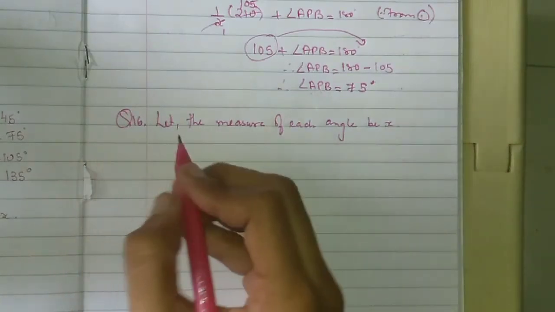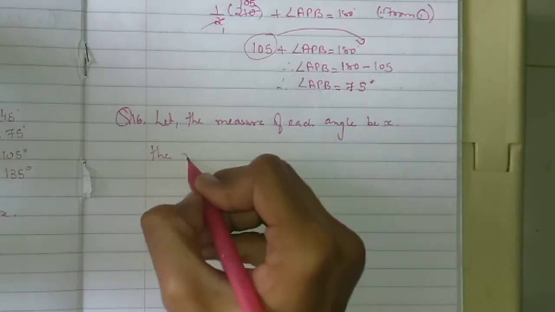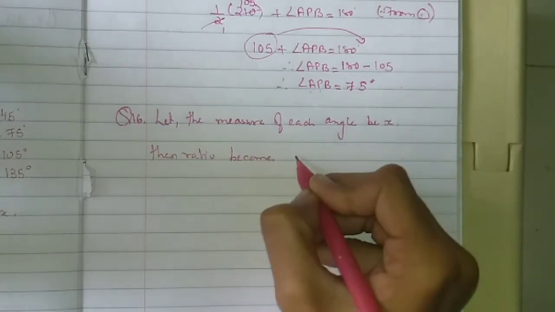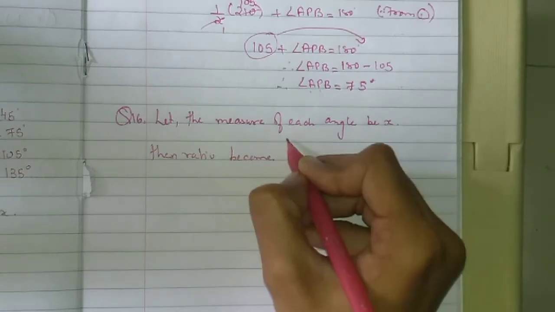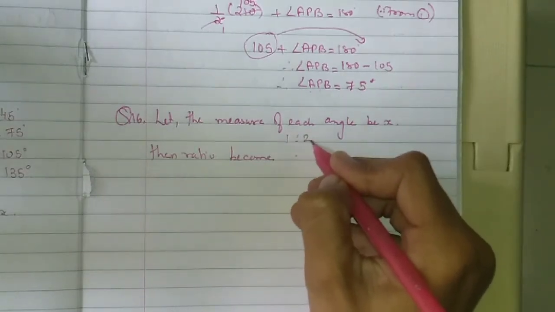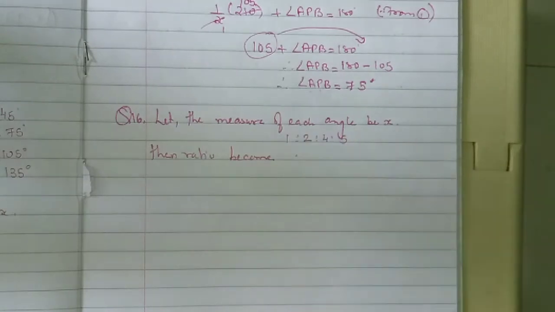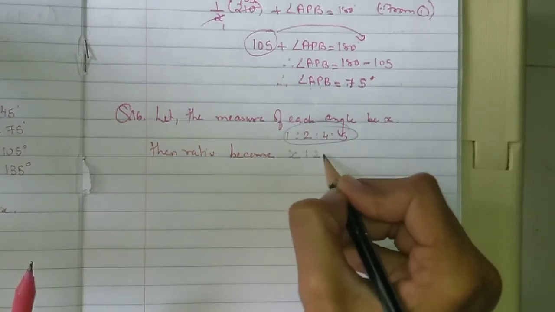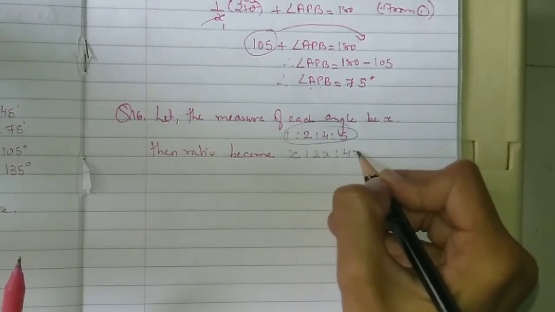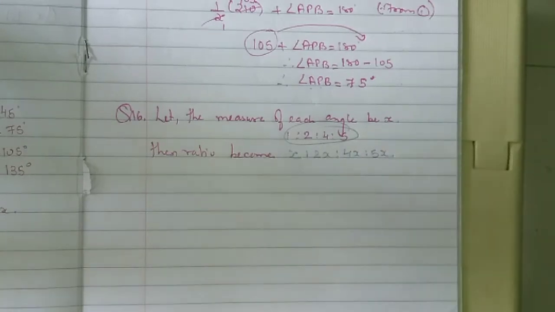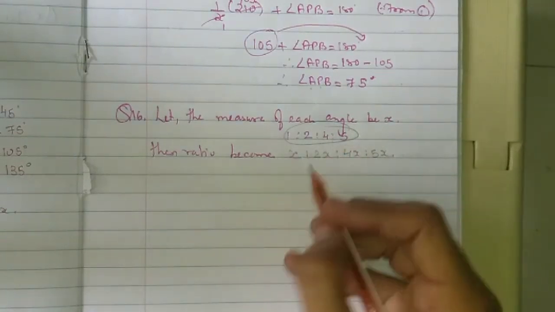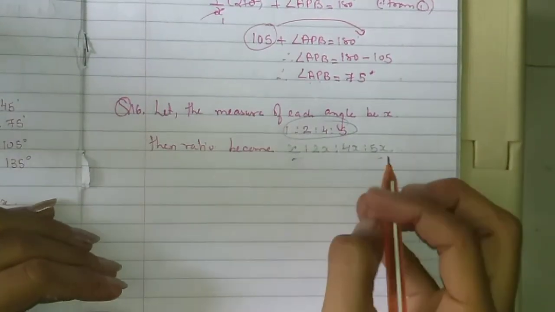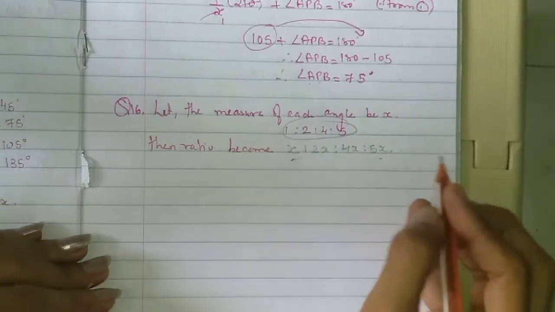Okay, so then the ratio becomes, what ratio we had given? 1:2:4:5. This ratio converting, x is to 2x is to 4x is to 5x. Now we have to sum this ratio. So what we can do, the sum of all the angles in a quadrilateral is 360.